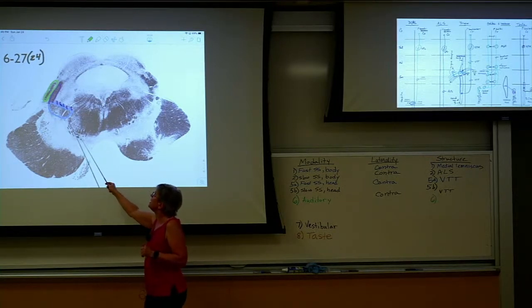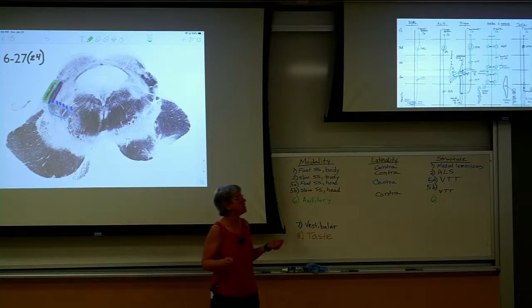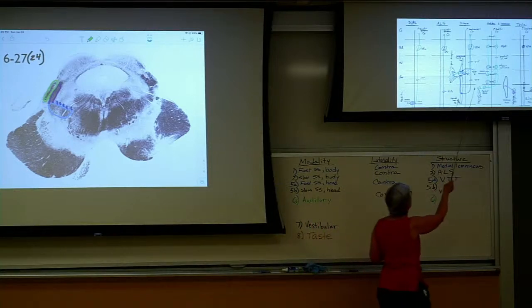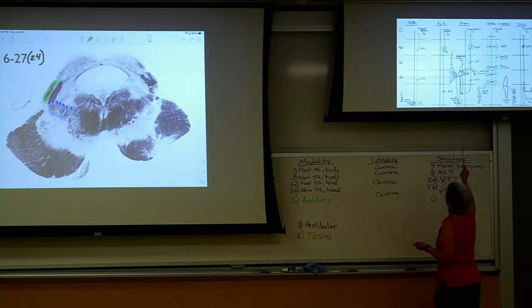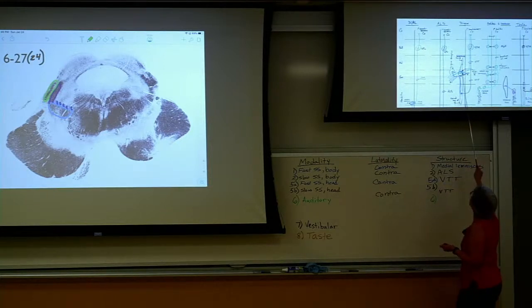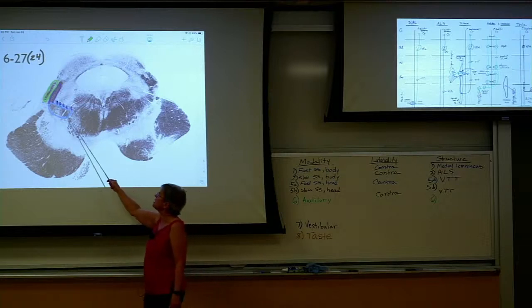And VTT has both fast and slow somatosensory information coming from the contralateral head, because now we're well above where that information came in from the trigeminal nerve, and so principal nucleus is inferior to this section, so both fast and slow somatosensory information has to be getting through here.